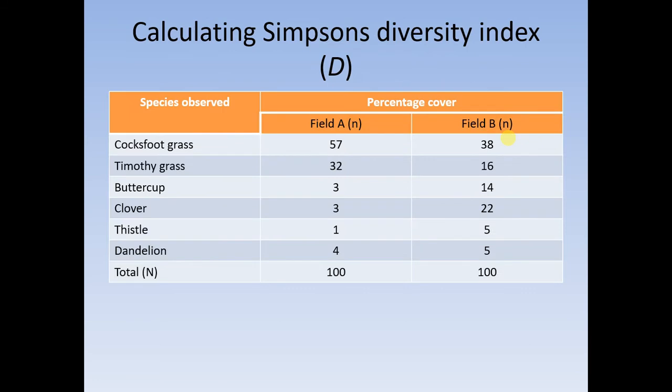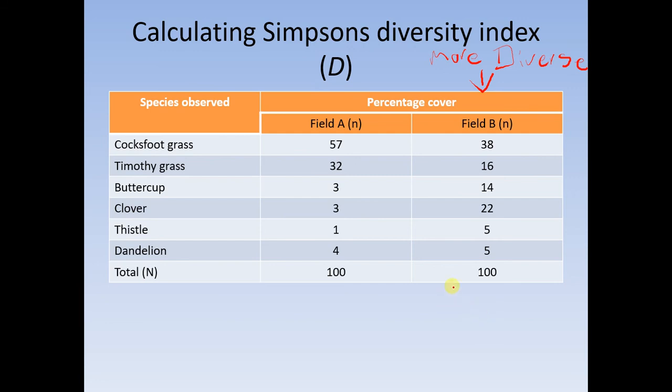So let's calculate Simpson's diversity index for this same field. Remember, just based on our qualitative observations, we said that field B was more diverse.